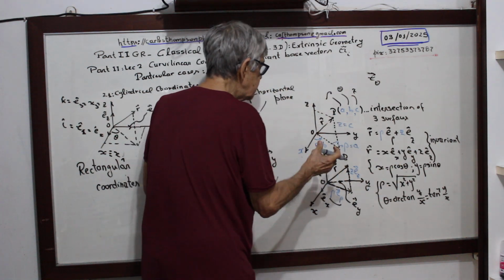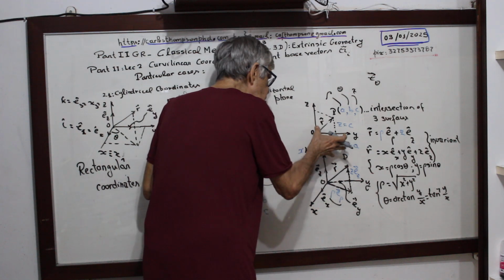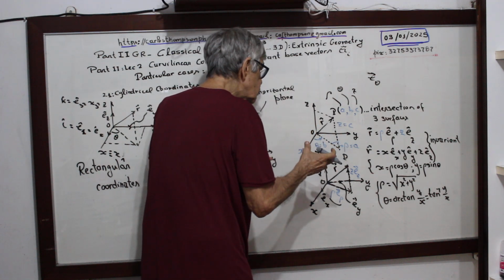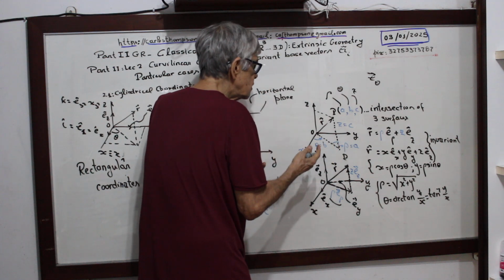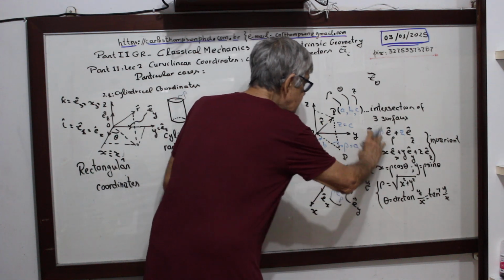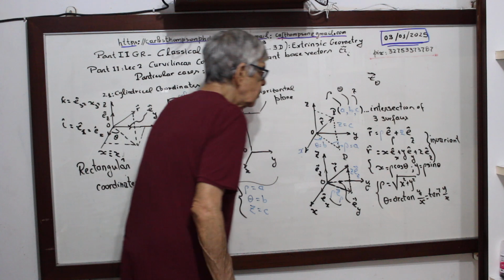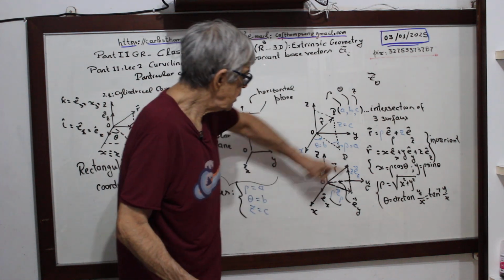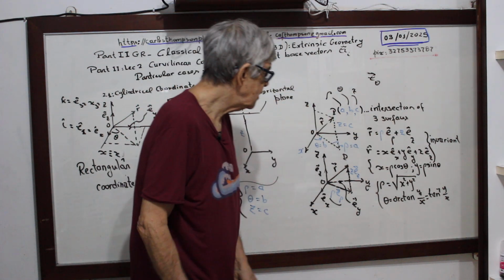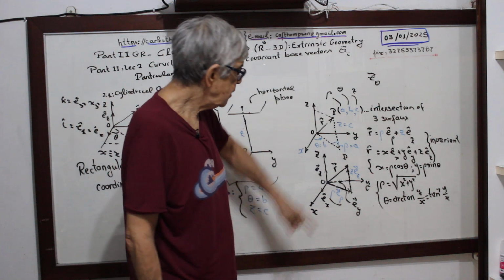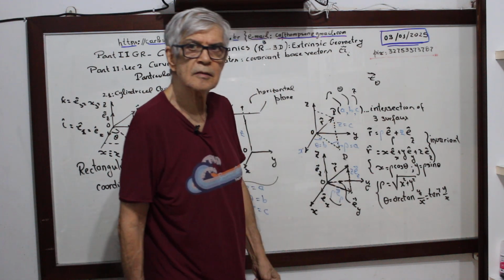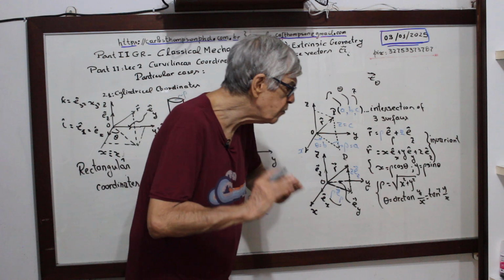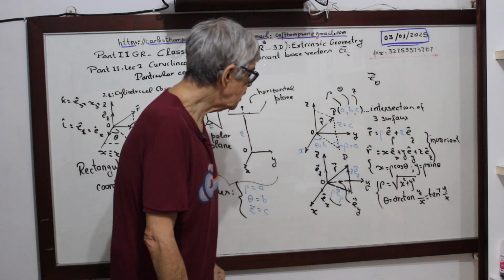This vector can be expressed in cylindrical coordinates and also in Cartesian coordinates. The same vector is invariant. What is invariant? If you change the coordinates, the vector remains the same. It's very, very important.